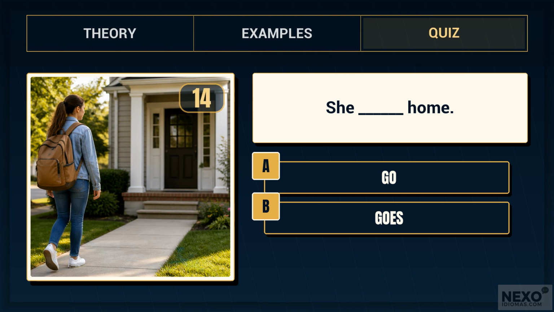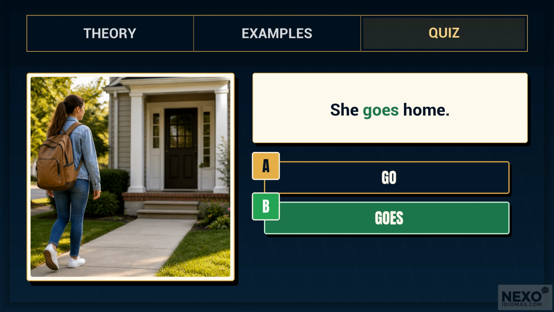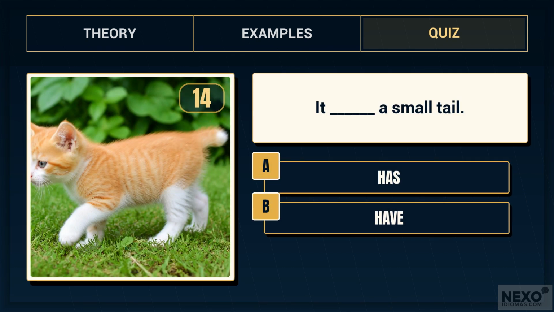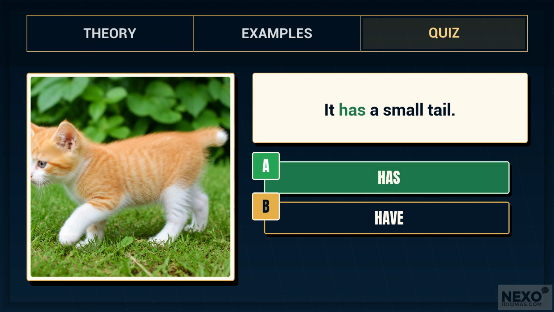Choose an option. Goes. She goes home. Choose an option. Has. It has a small tail.